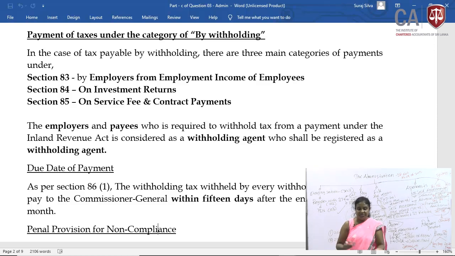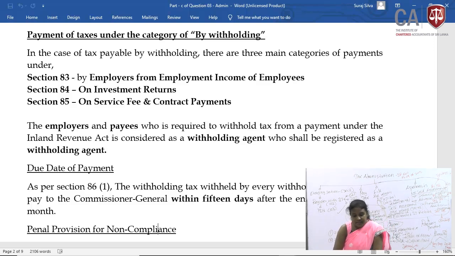Likewise, section 85 is on service fees and contract payments. These are the main 3 sections for withholding tax, other than the final withholding payment. Section 88 tells what the position is after deducting the relevant withholding tax. Then the main 3 charging sections are sections 83, 84 and 85.